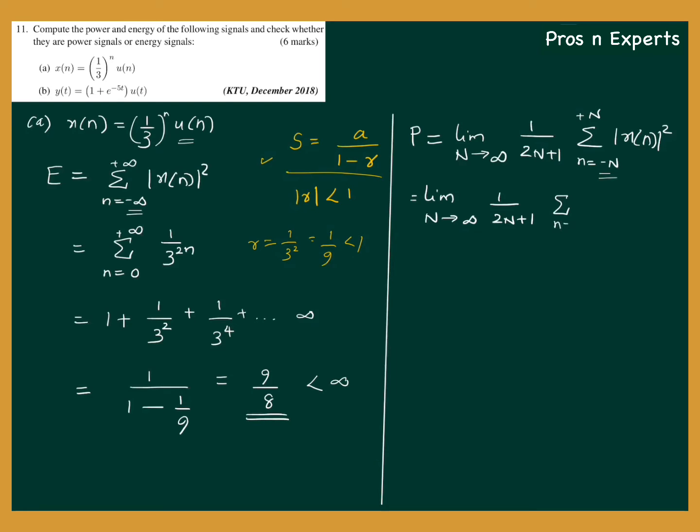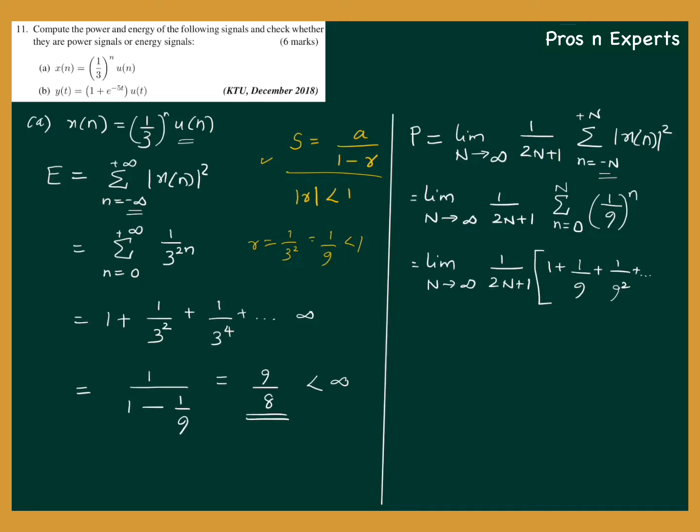So n equal to 0 to n, x square of n. X square of n is 1 by 3 square raised to n, so I can write it as 1 by 9 to the power n. So that is equal to limit n tends to infinity 1 by 2n plus 1 into, putting n equal to 0, you will get 1 plus 1 by 9 plus 1 by 9 square plus etc.